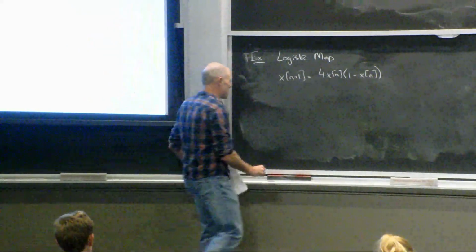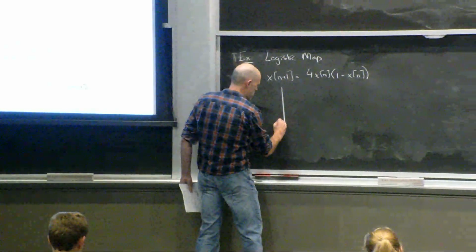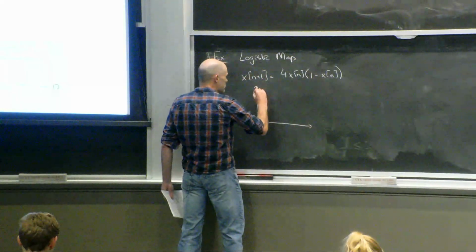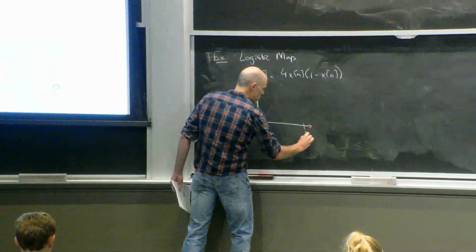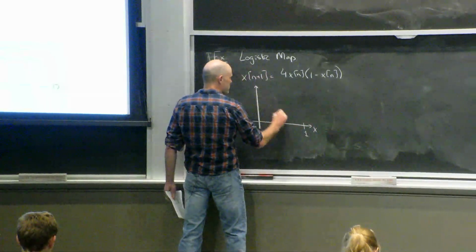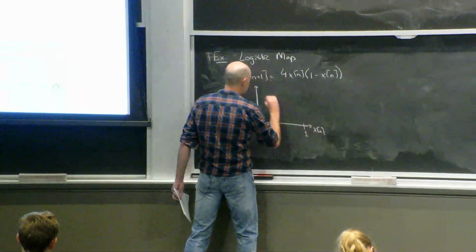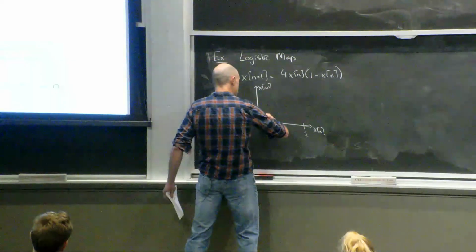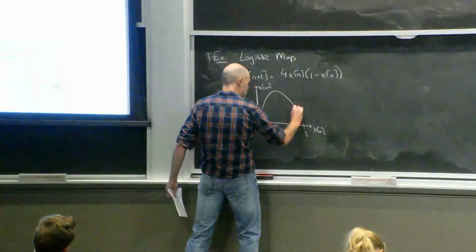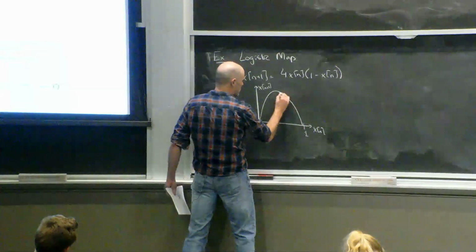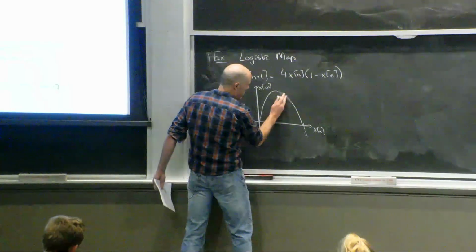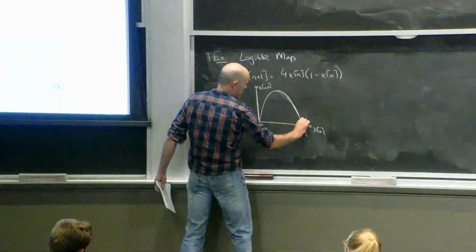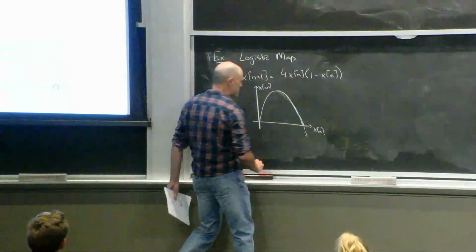It's a famous one. It's defined over the interval 0 to 1. And if I plot x_{n+1} as a function of x_n, then it just looks like a tent, roughly. That's not quite as symmetric as I was going for, but this is my dynamics.